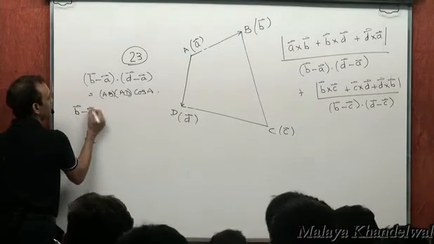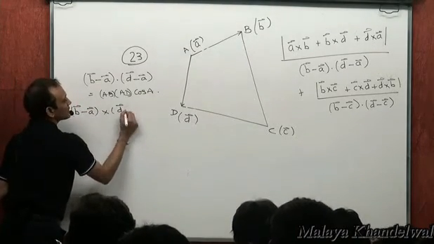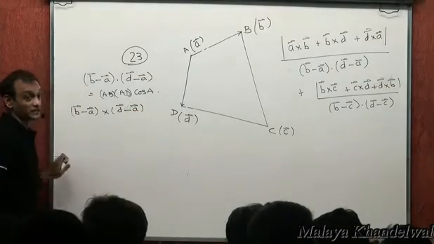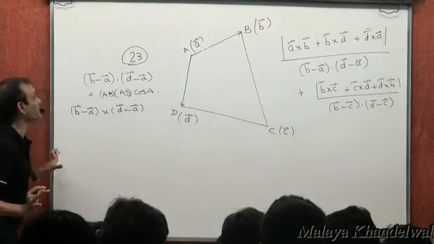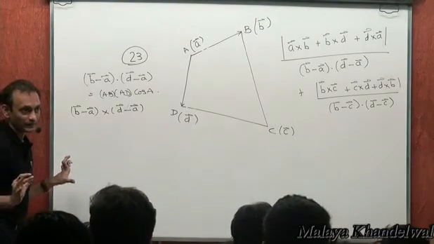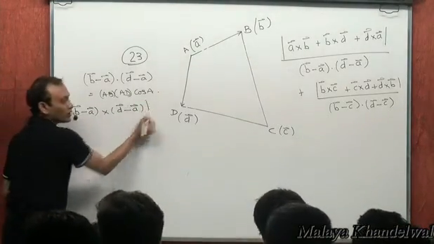B minus A cross D minus A. Let me do a cross product, which is then positioned to give me a sin A between these two vectors. Yes or no? A magnitude of this will give me AB into AD sin A. Yes or no? Let me see what the cross product is.